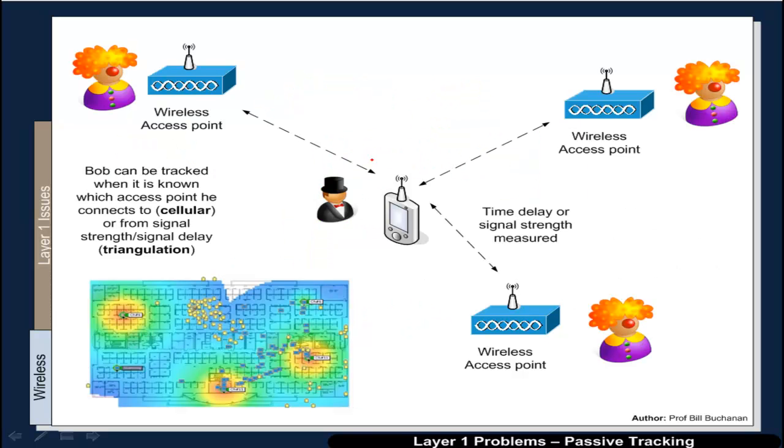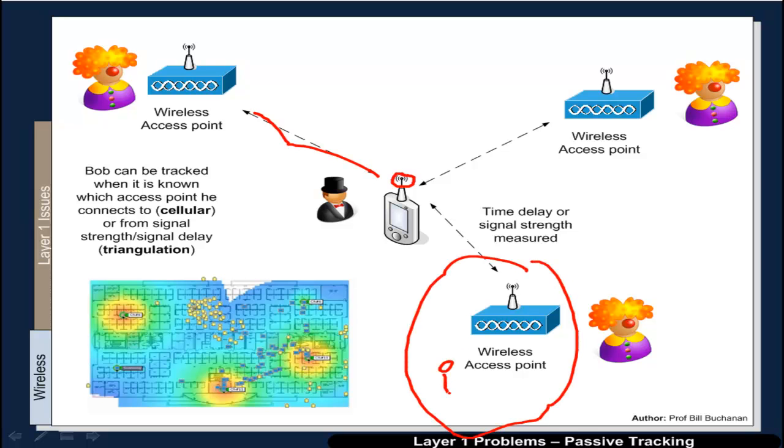Another issue that we have is that if we're transmitting wireless signals, then an intruder can actually locate where we are. Either this can be based on a cellular basis, where we know that the user is connecting to a certain access point and thus they're in a certain area, or if they can be seen by 3 access points, we can use basic triangulation, such as signal strength or the delay between these access points, to pick up the location of a user.